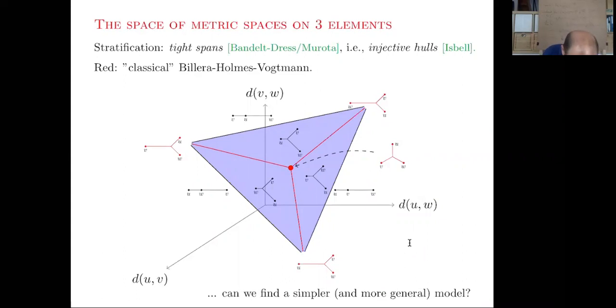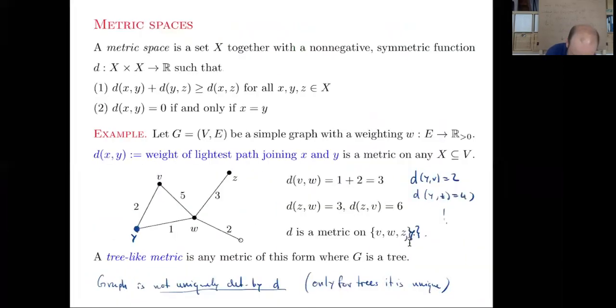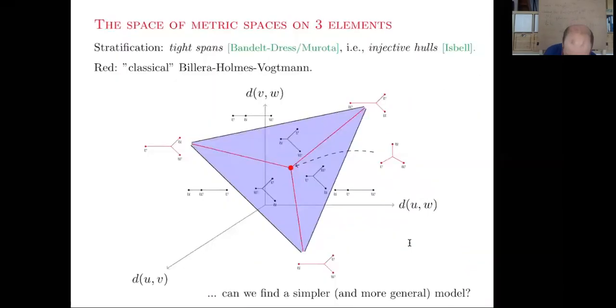Otherwise, I have the triangle inequality, and this cuts a cone. In this case, it's a triangular cone, and here I have represented a slice of this cone. Every point in this cone represents a metric on 3 elements. And in the very barycenter, I have the tree with all 3 legs of the same length.